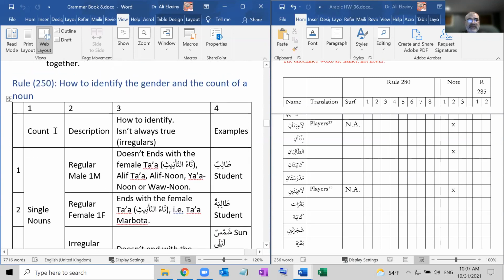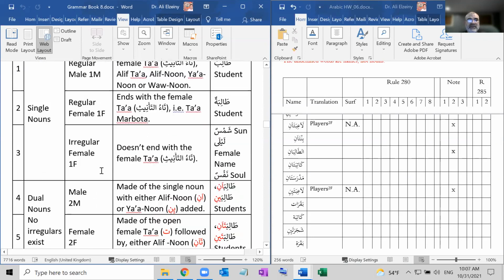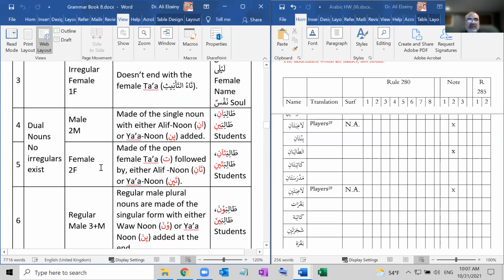That's the row number, and this is the column number. So rule 250, row 5: if it ends with tan, ta alif noon, or ta ya noon, it's female, it's dual female.